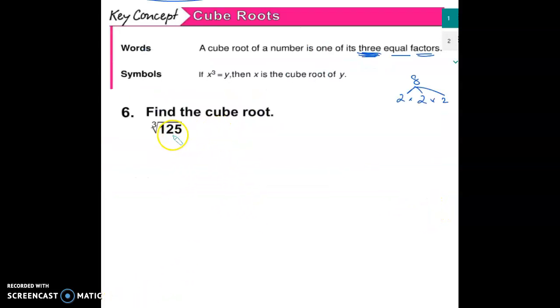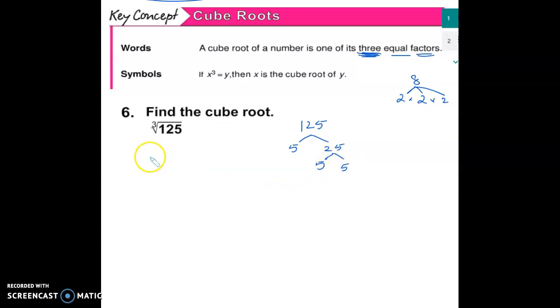Now, let's look into this question. Find the cube root of 125. You see the little 3 inside there? That's called the cube root. So I'm going to find out what three equal factors make 125. I can break it down: 5 times 25, and 25 is 5 times 5.